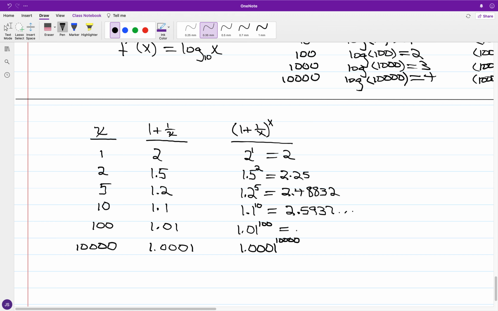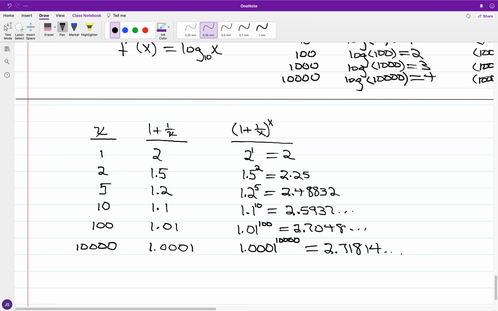And for 1.01 to the 100th, you have a number just over 2.7. And for 1.0001 to the 10,000, you have 2.71814.